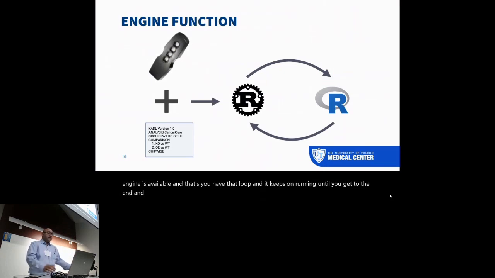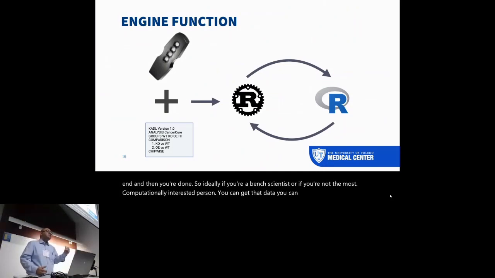And then you're done. So ideally, if you're a bench scientist or not the most computationally interested person, you can get that data. You can do this at around noon, let your computer run, go grab lunch. By the time you're back, this is done.